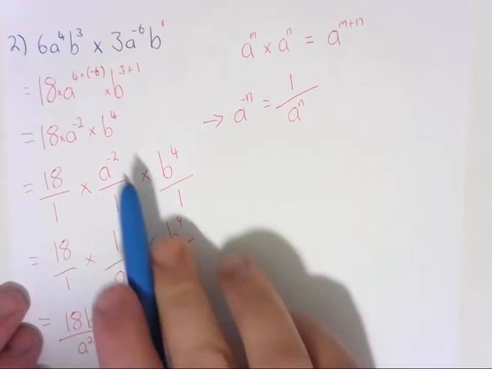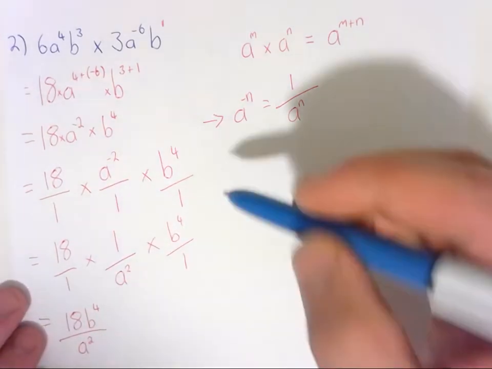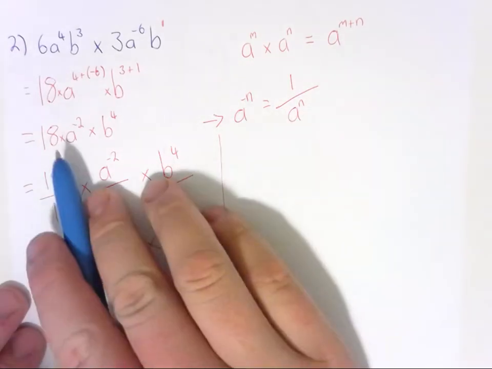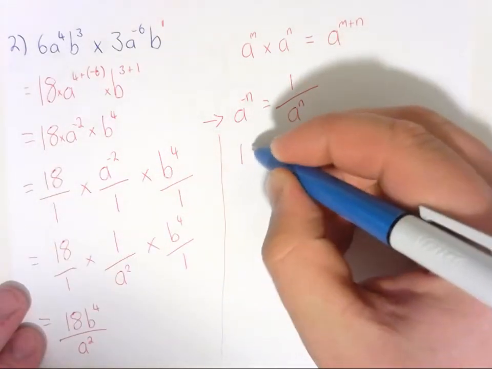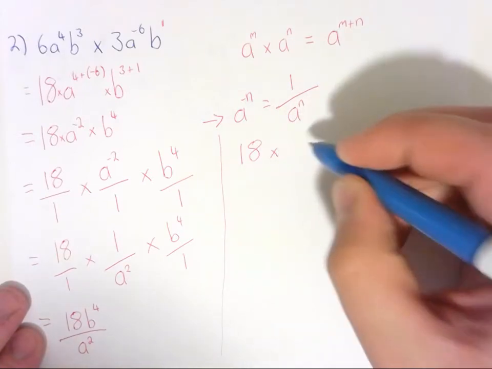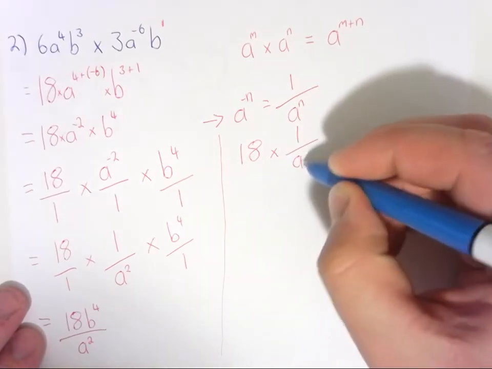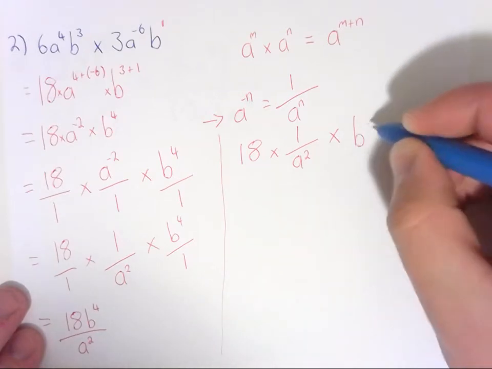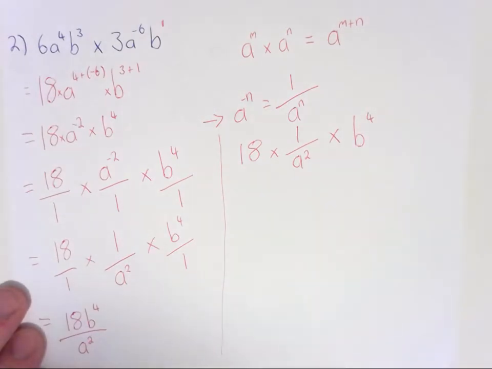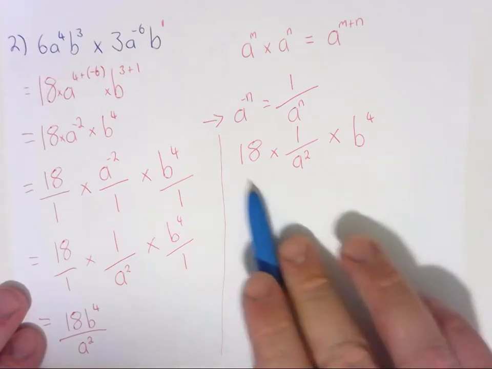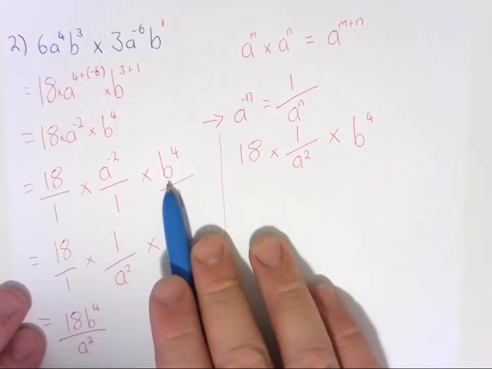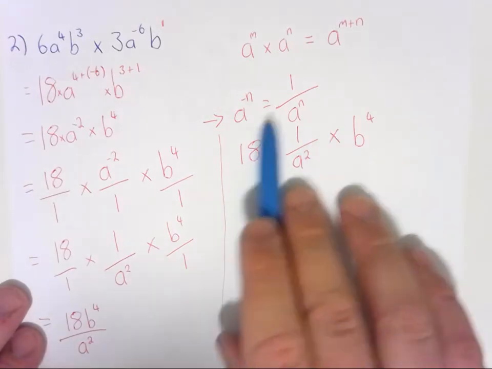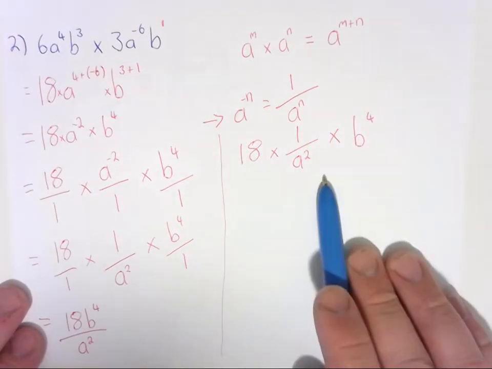Now, if you didn't like this way, the other way we could do this is to look at it as 18 by 1 on a^2 by b^4. If you wanted to jump straight to that step, if this way confused you a little bit, that's fine. But then we can't leave it like this.